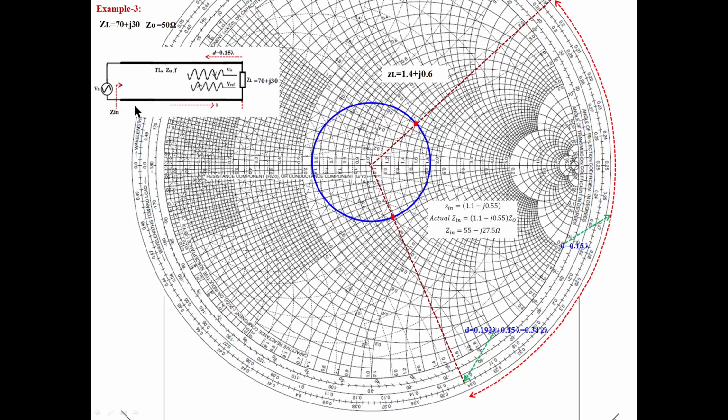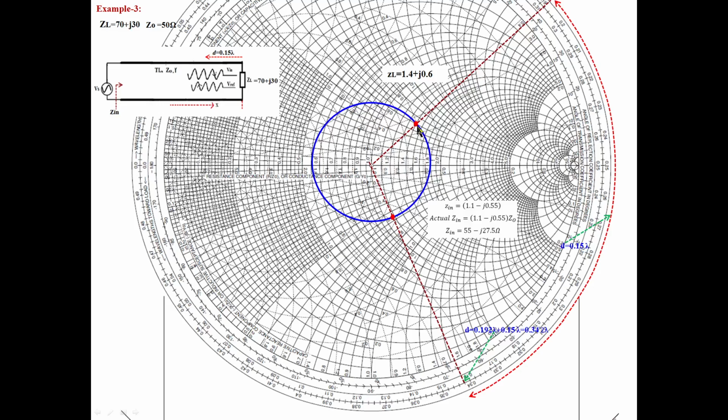Sometimes, for example, I have a load, and while traveling like this I may come across some impedance. For example, the real part is 1 and the reactance is something.